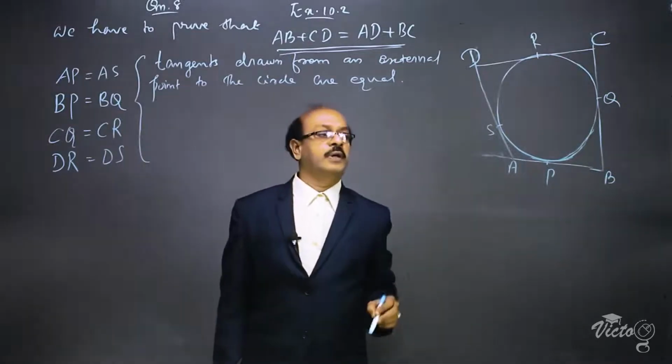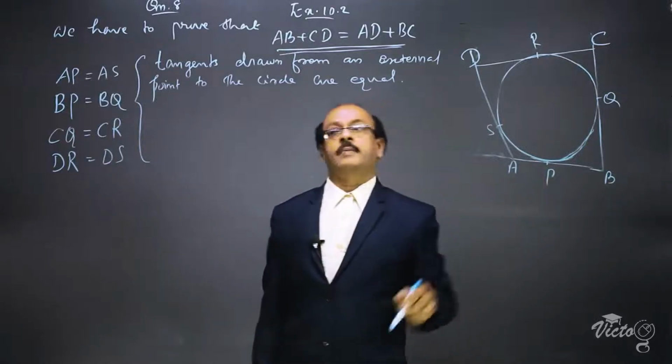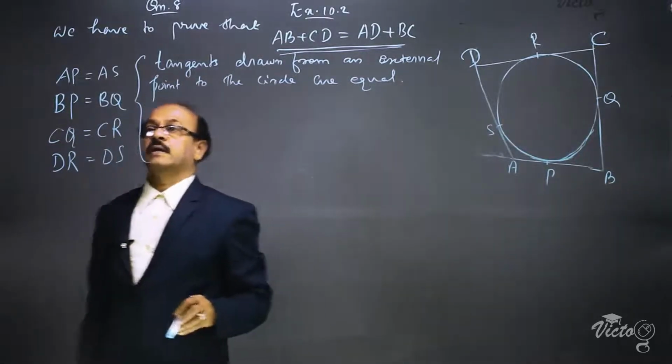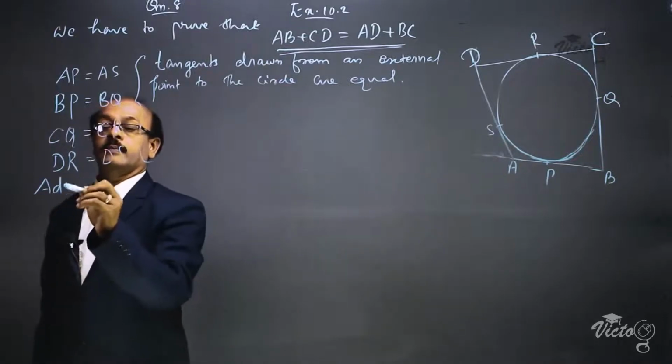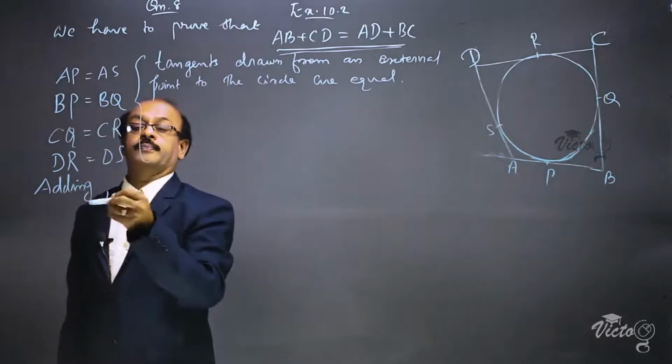Now, from the figure, the length of AB is equal to AP plus BP. So, we are grouping the left sides, adding.